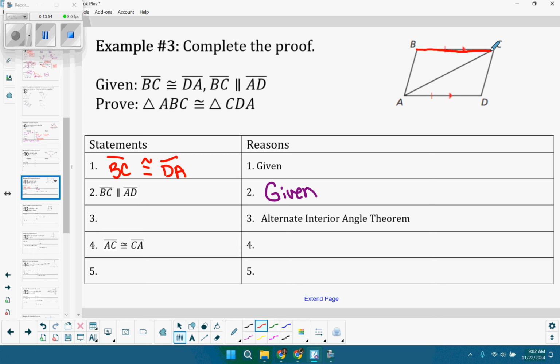Tracing out the parallel lines with the transversal puts me into this corner here and this corner here. So that's angle BCA is congruent to angle DAC.